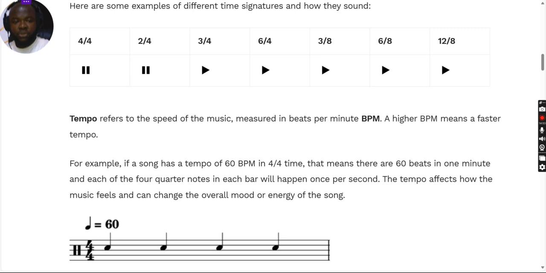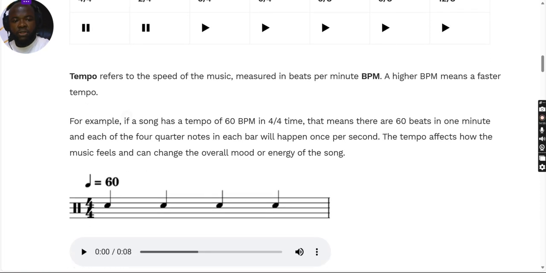Now when it comes to tempo, tempo refers to the speed of the music, measured in beats per minute. So BPM, beats per minute. That's the meaning of BPM. A higher BPM means a faster tempo, and a lower BPM means a slower tempo.